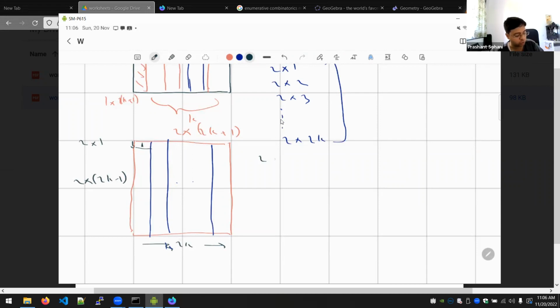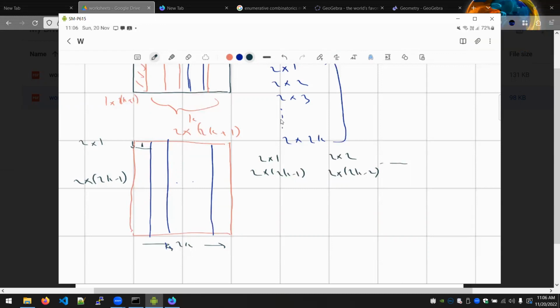If you continue to break the tiles, then the next 2 tiles will be 2 cross 2 and 2 cross 2k minus 2. So what will happen? We will attain symmetry after the halfway point. Where are we going to reach the half point? At the kth position, basically at the last position, right?